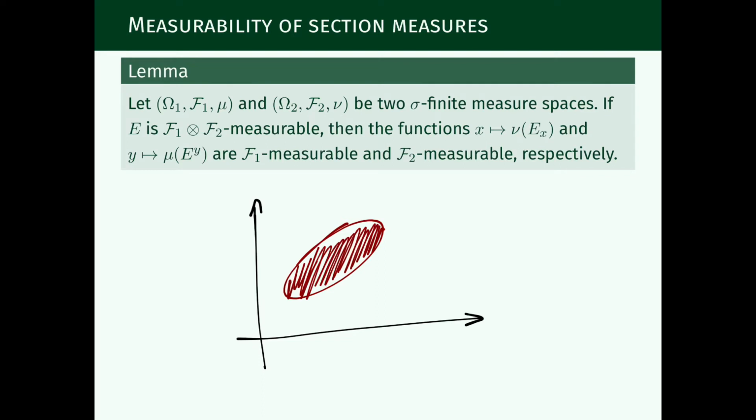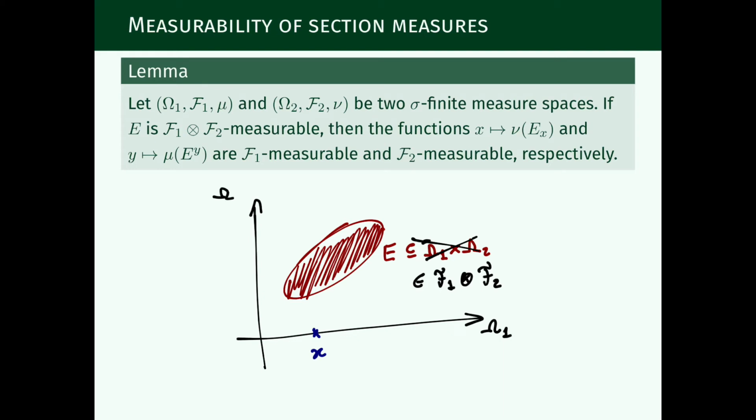So we know already from the previous video lecture that if we fix a point x here and we have a set E which is a subset of the Cartesian product, but not just any subset. In fact, E is measurable with respect to the product sigma algebra, the sigma algebra of the first space and the sigma algebra of the second space.